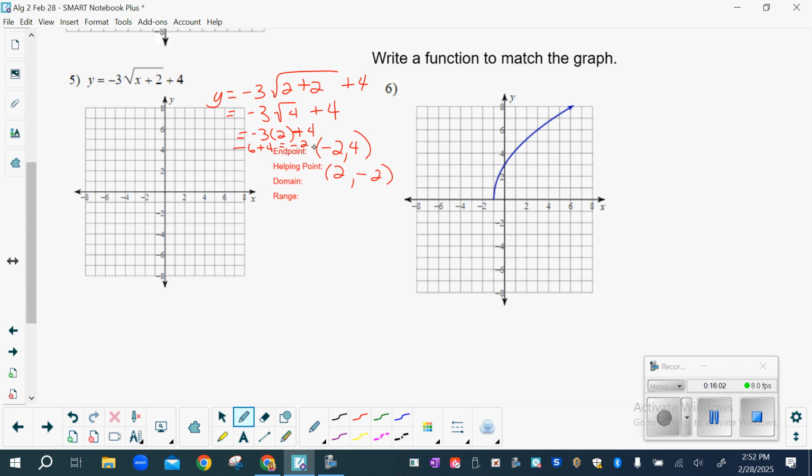Okay, my domain, let me draw it first. -2, 4. So this is my endpoint. Pay attention, because sometimes it's hard, since this is a little bit different. When I draw it, my endpoint is here. Is this curve going to go this way, or is it going to go this way?